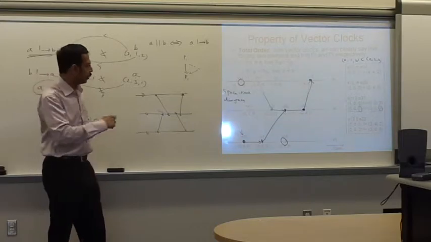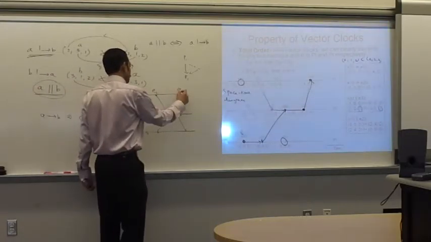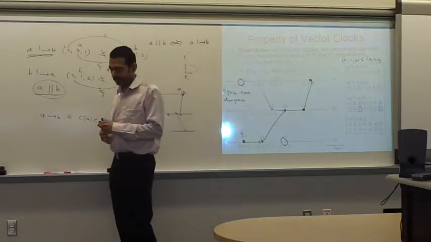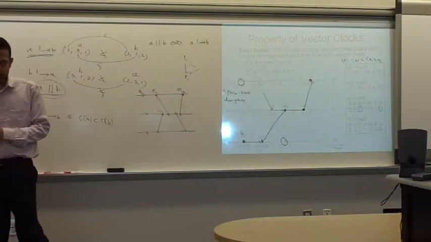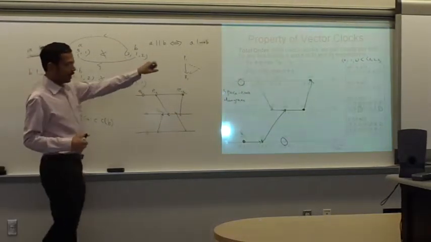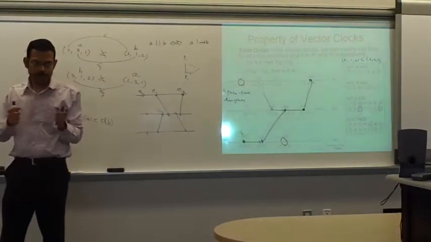And then I'll give you some event numbers. I'll label those events, and ask you to test whether one event is concurrent with the other event or happened before the other event. So then you can do the comparison like this and find out whether they are causally related or not.